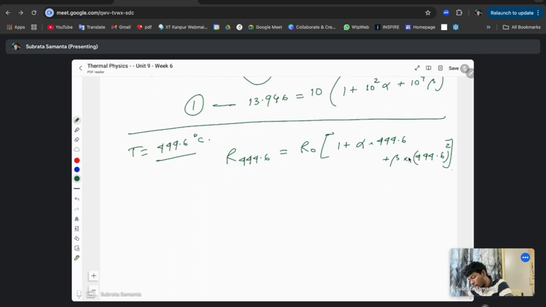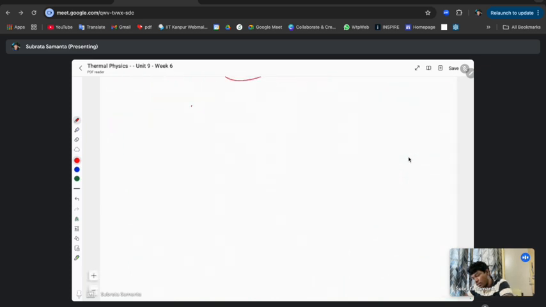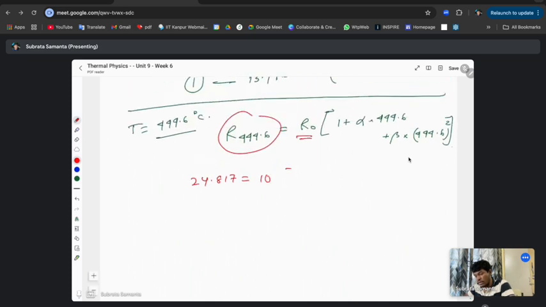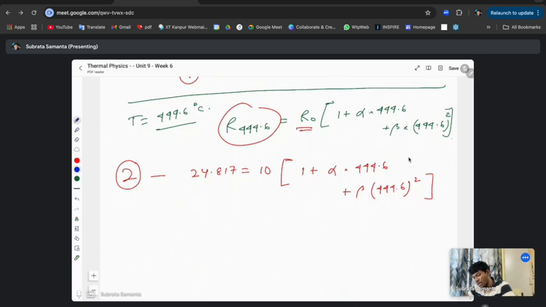This value is also given in the problem, 24.817, so 24.817 equals 10 times (1 plus alpha times 444.6 plus beta times 444.6 squared). This is equation number 2 and the other is 1. So there are 2 equations and 2 unknowns, alpha and beta.